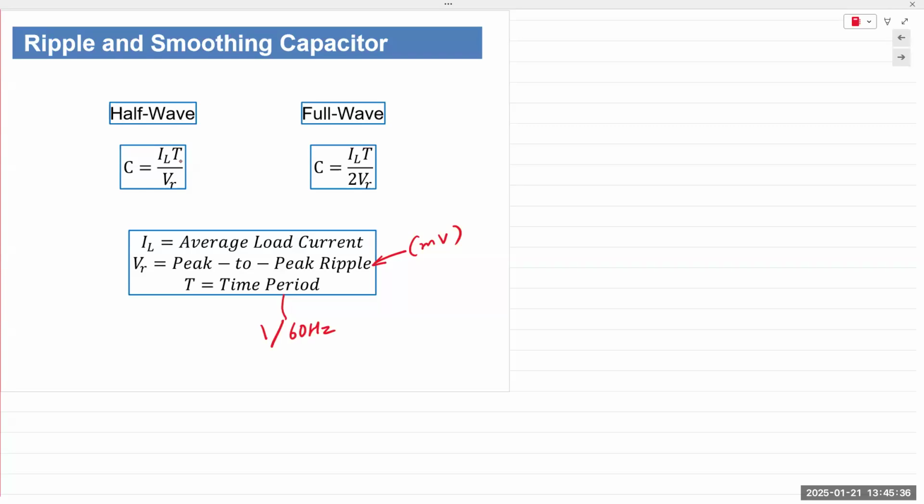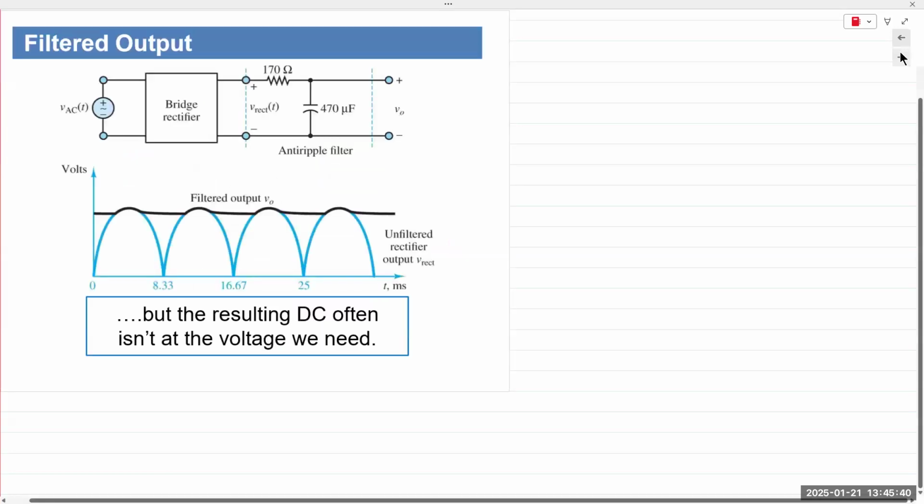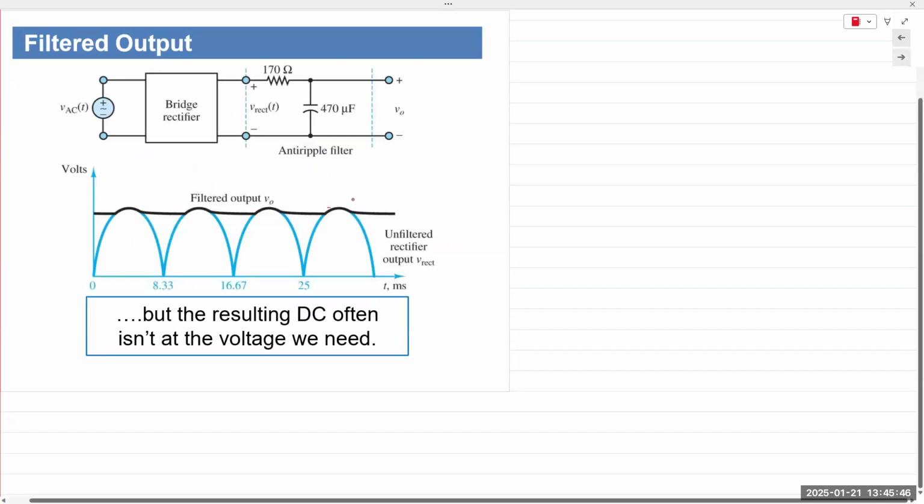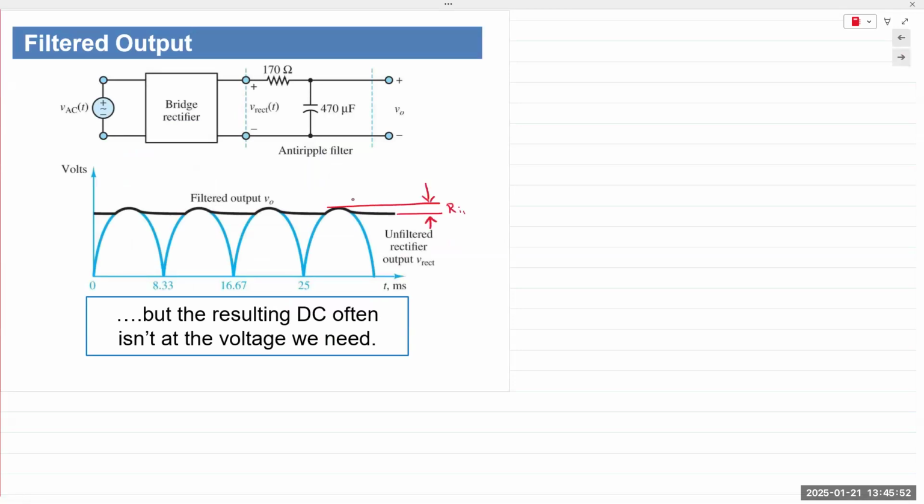Now, the output of the filter capacitor is still not quite a completely flat line, right? There's still this minor ripple, and I'm exaggerating the difference here. If you have 10 volts DC and you have like a 100 millivolt ripple in there, that's still less than, I don't know, 1%.